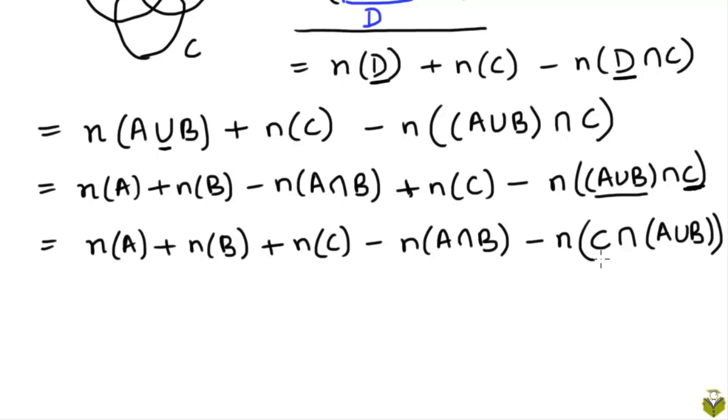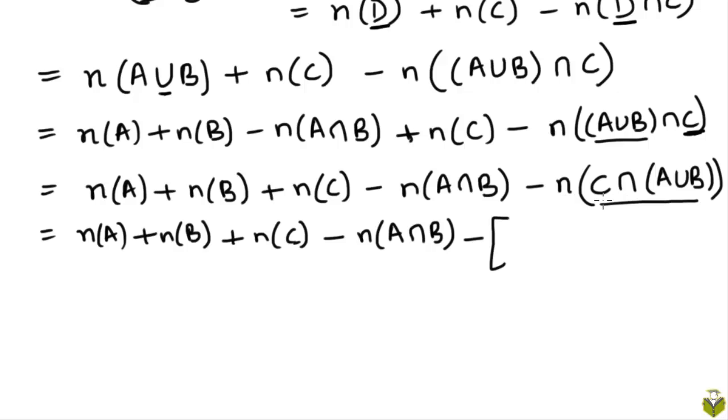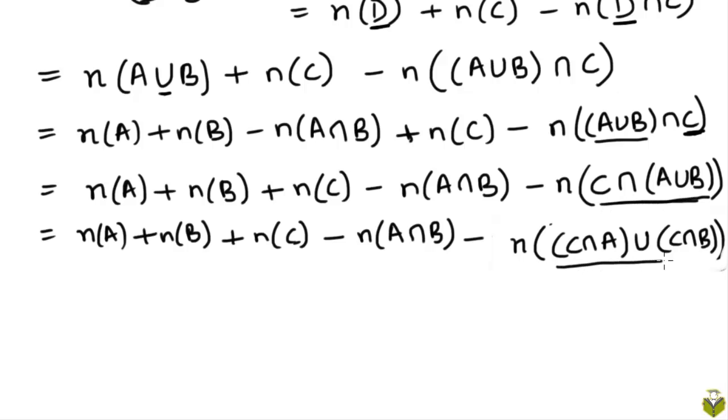Now this is in a form where we can use the distributive law. So C intersected with (A union B) can be written as (C intersected with A) union (C intersected with B). We can actually eliminate this bracket for now because we don't need it here. So now we have this set and this set being unioned.